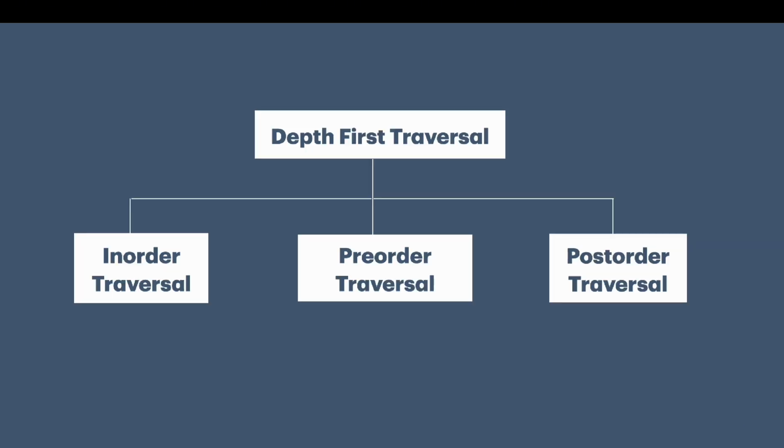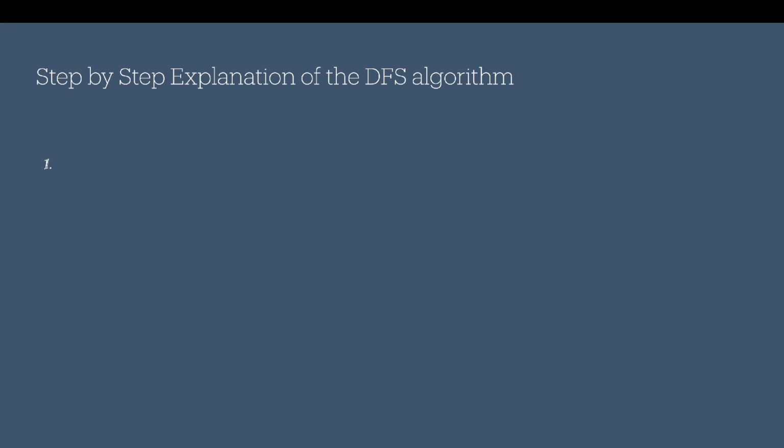Regardless of which technique you choose, all these three options belong to the depth first search, or DFS, algorithm. DFS is a recursive algorithm, meaning it calls itself to traverse the graph. So here's a step-by-step explanation of the DFS algorithm. First, you have to initialize. Choose a starting node and mark it as visited.